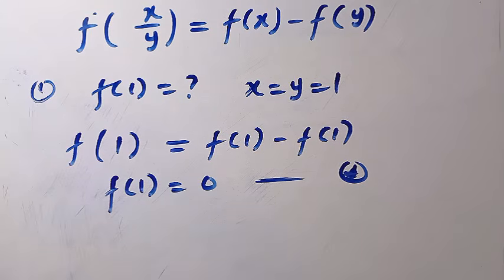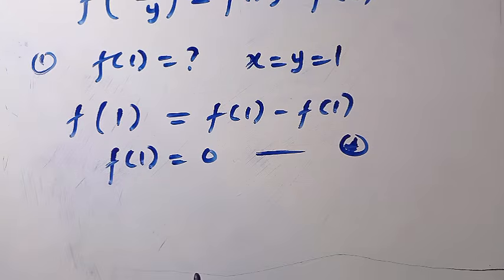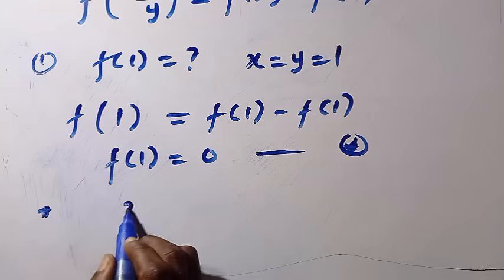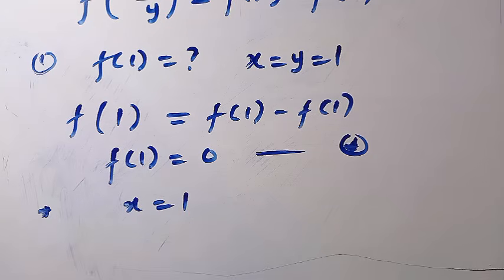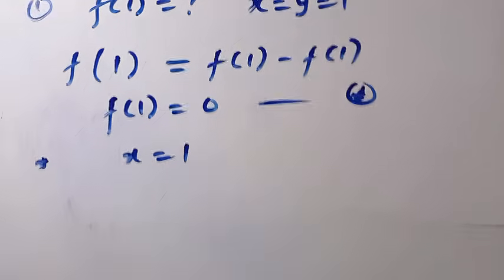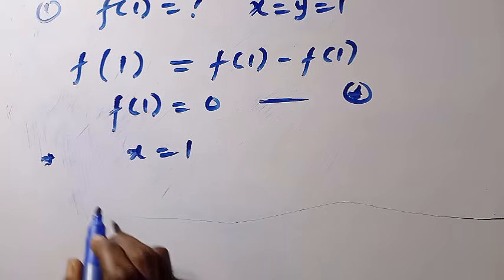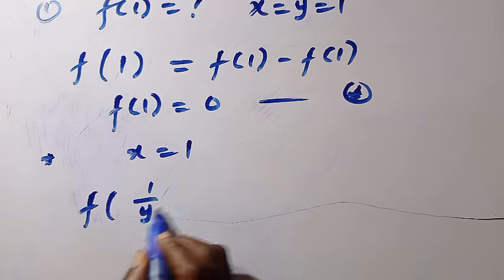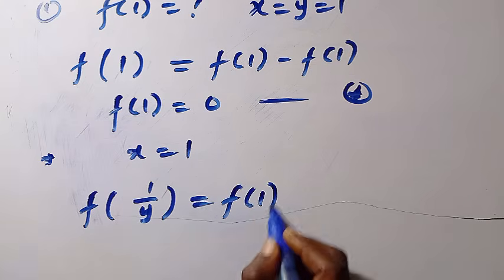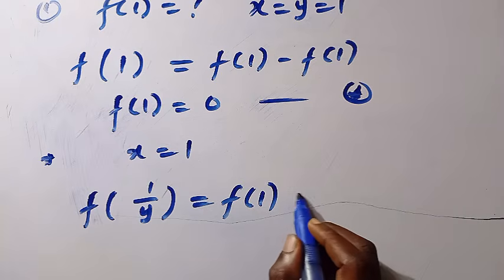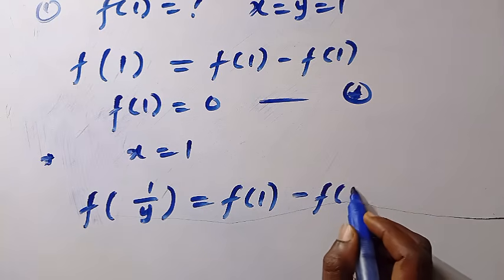Then, suppose I want to find the relationship between f of x and f of 1 over x. To get that, I'm going to set x equal to 1. From the equation above, the division rule of logarithm, we have f of 1 over y equals f of 1 minus f of y.